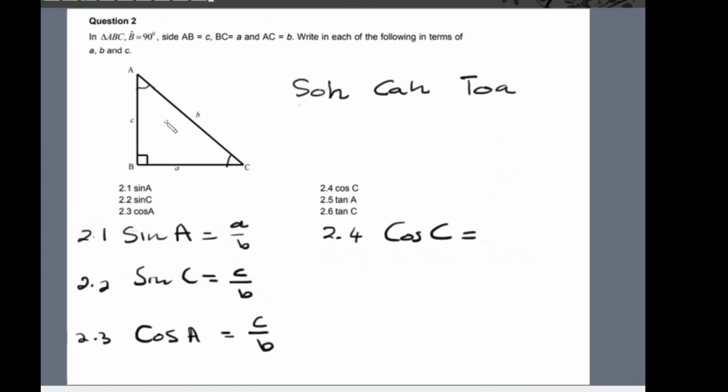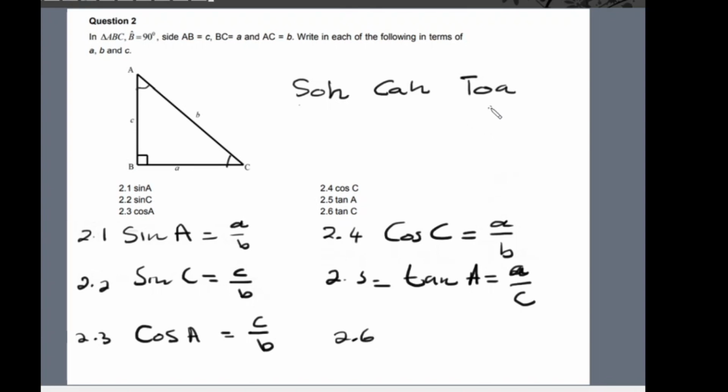Cos is adjacent over hypotenuse again, so that's going to be A over B, right? And then 2.5 is tan of A, right? Tan is opposite over adjacent, so tan A is opposite over adjacent, so that's A over C.